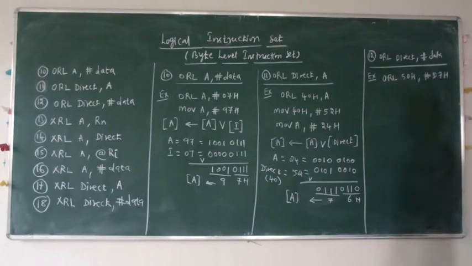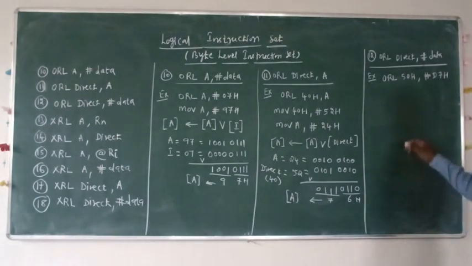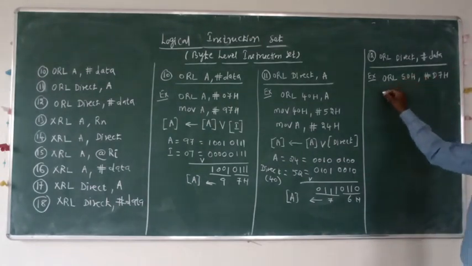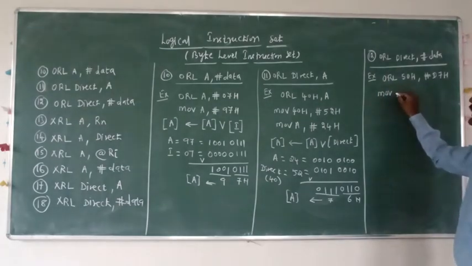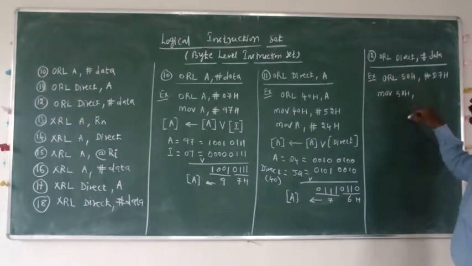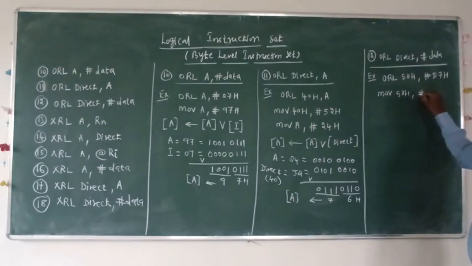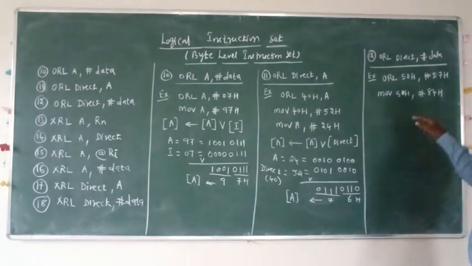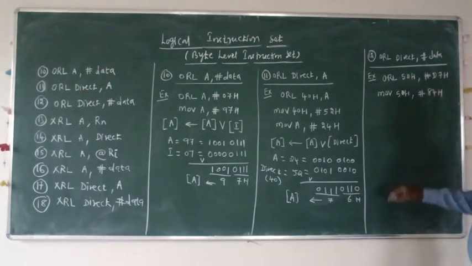Immediately given data D7H. First, we have to initialize the memory address location data, the 50H. For that, we can use MOV 50H comma 84H. The 84 data is immediately moved to the given 8-bit memory address location. In the 50 memory address location the data is 84, and the immediately given data is D7.